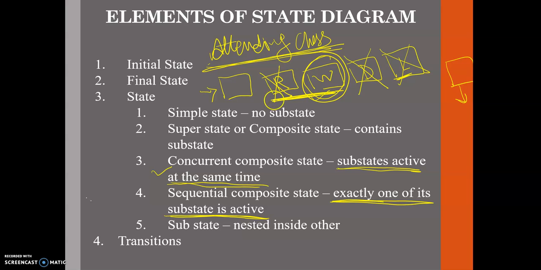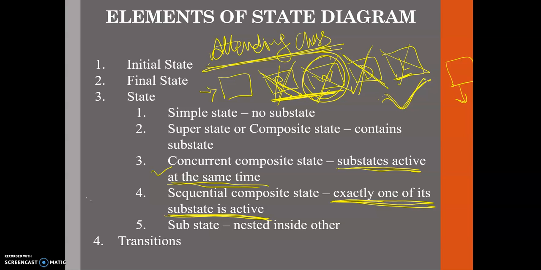You have multiple states but exactly one substate is active. Suppose your professor is explaining something, you are not writing, not reading, not discussing, but you are listening to the lecture.